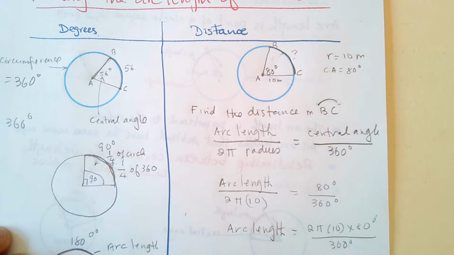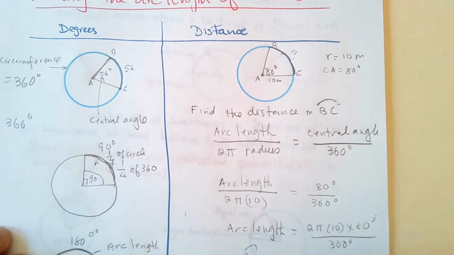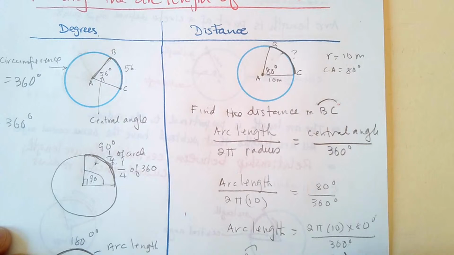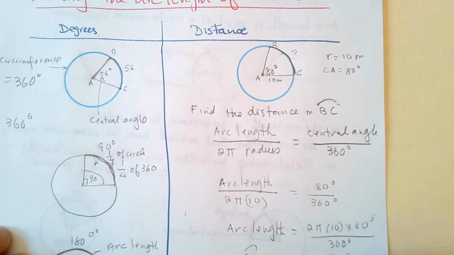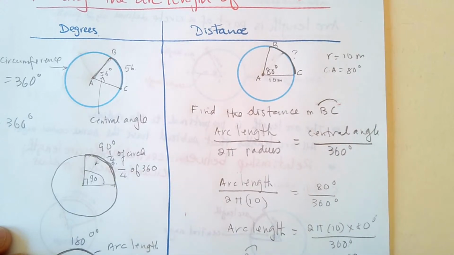Now the degrees will cancel out, and BC is going to be equal to 20 pi times 80 over 360. Simplify that. What do we get here? 20 pi will give us 40 over 9.